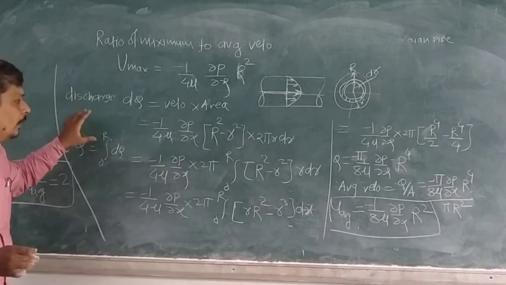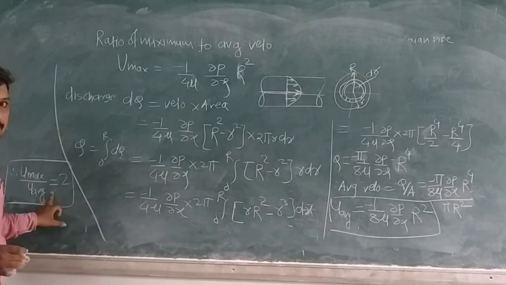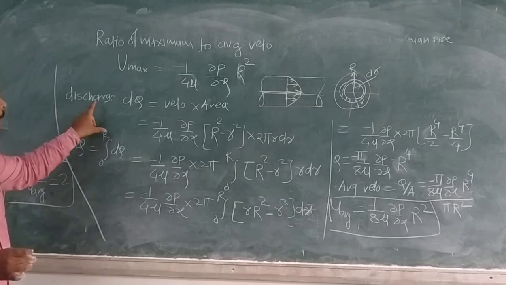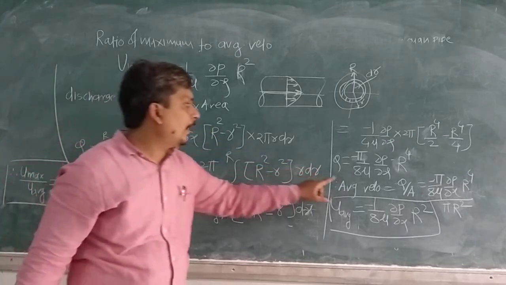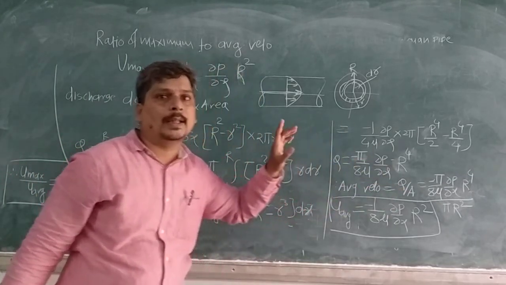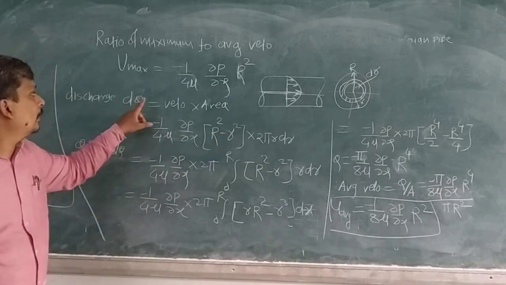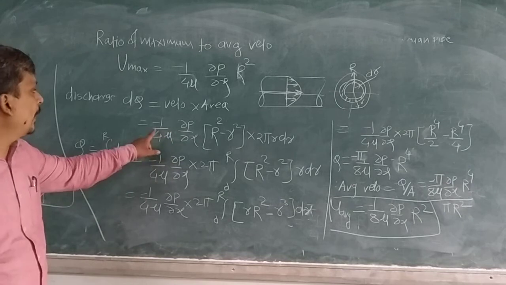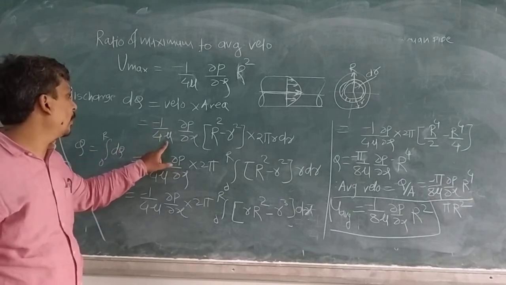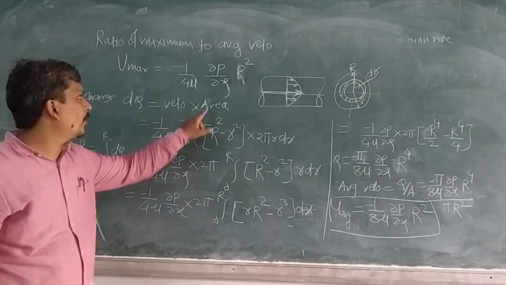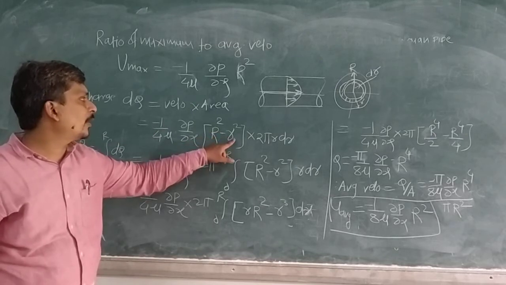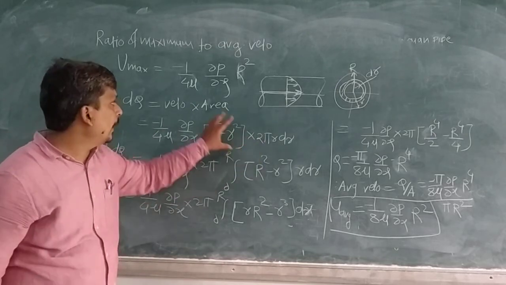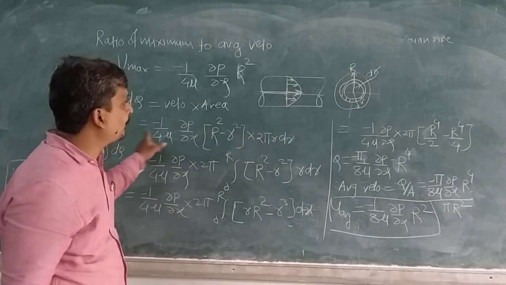Now we have to obtain the expression for average velocity. We can find average velocity as discharge upon area. Discharge is velocity into area. The velocity we already found: minus 1 by 4 mu, delta p by delta x, (capital R squared minus small r squared), into the area.